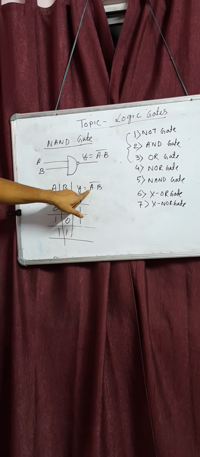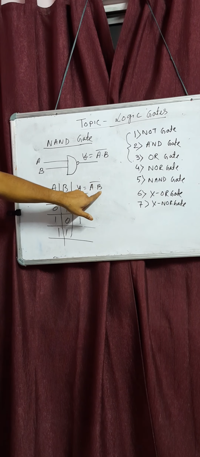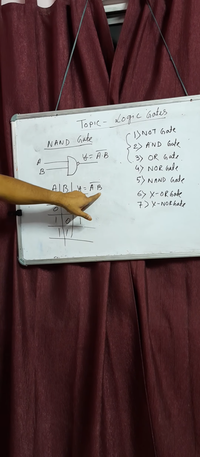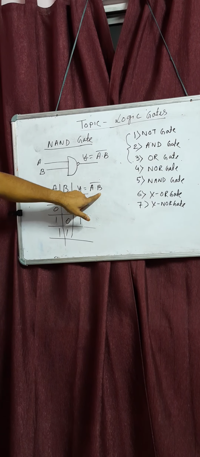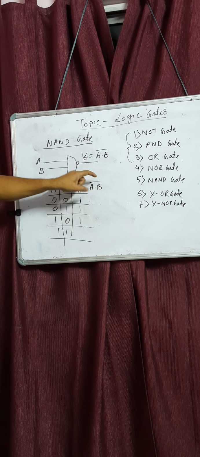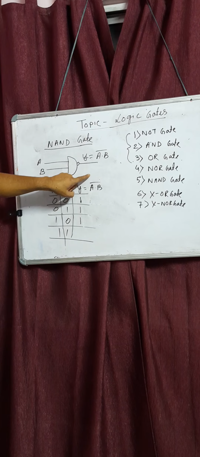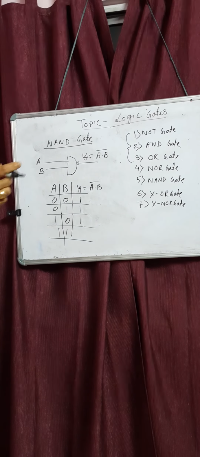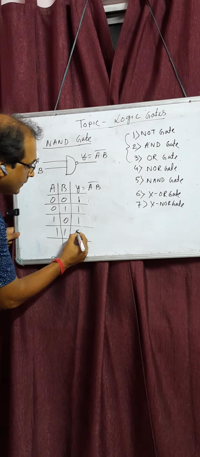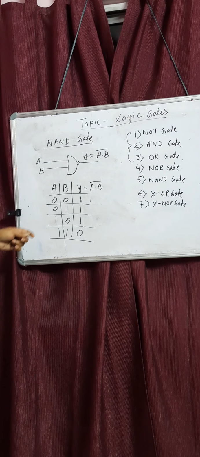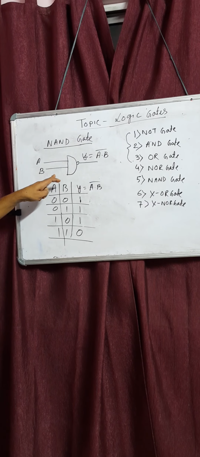When both inputs are 1, in case of Boolean multiplication that gives 1, but its complement, output will be 0. So this is the truth table of your NAND gate, and this is the symbol of your NAND gate.